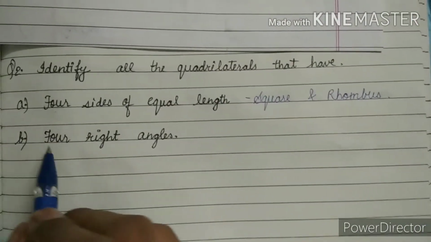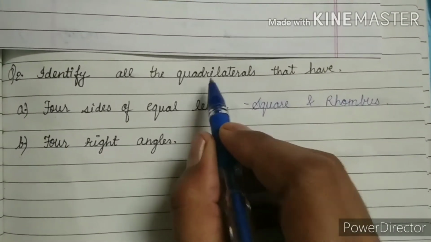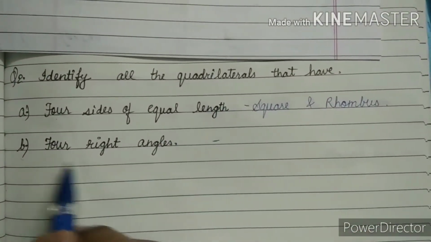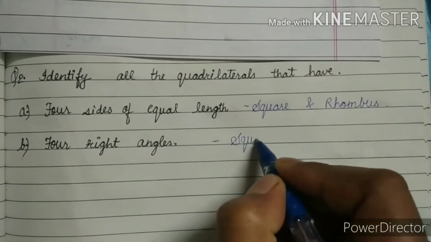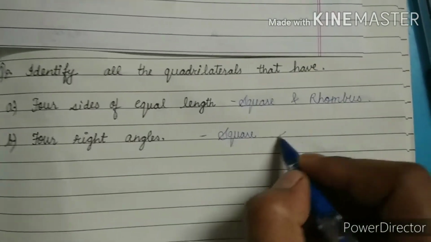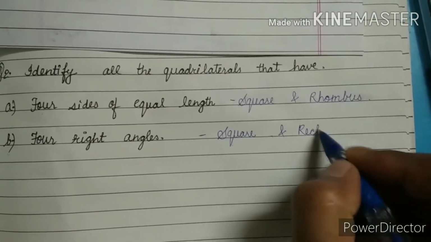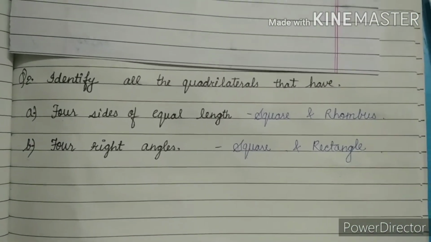Now B is four right angles. It means those quadrilaterals whose all interior angles are right angles. First the square, because the square has all angles of 90 degrees, and one more is there, that is rectangle. So here we completed question number 2.